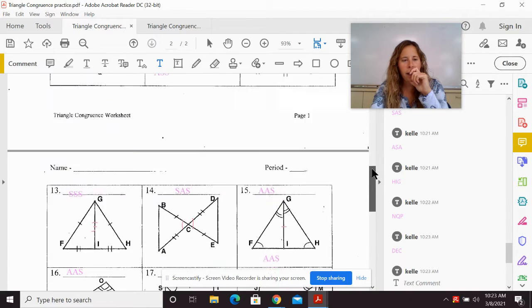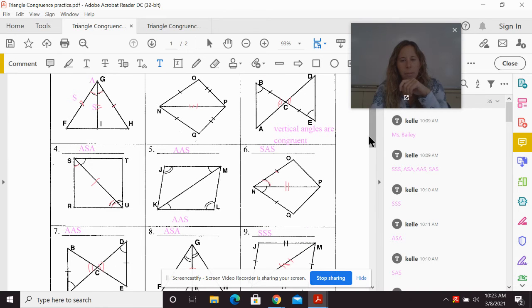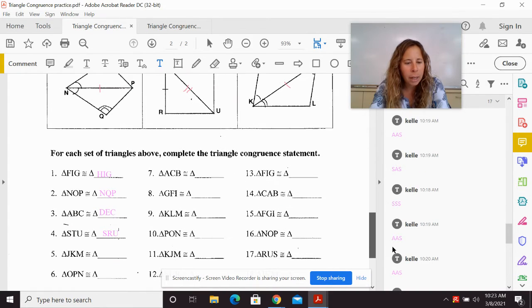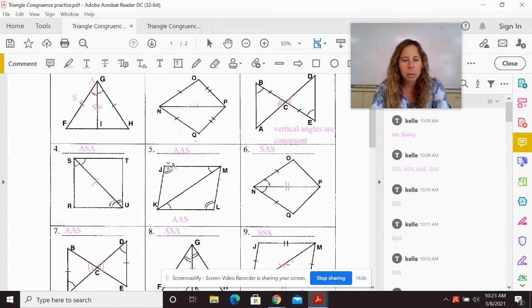Number 5. Oh, I didn't read it. Shoot. Number 5, JKM. So JKM is congruent to which triangle? Which angle is congruent to J? L. Okay, JKM.